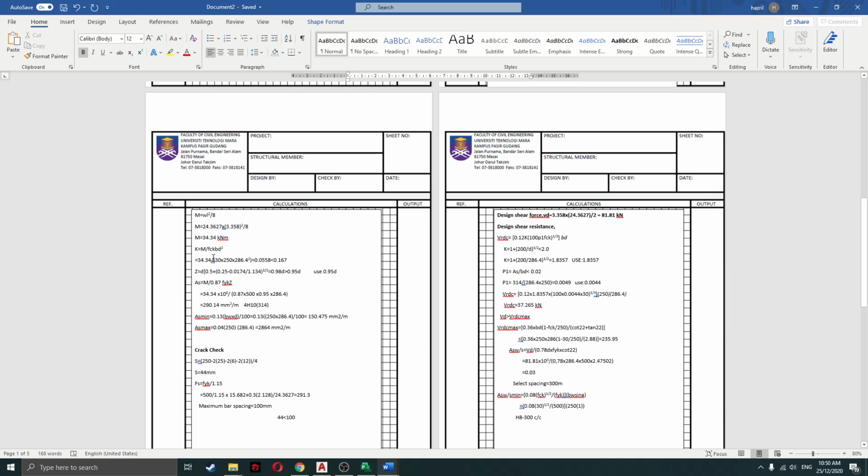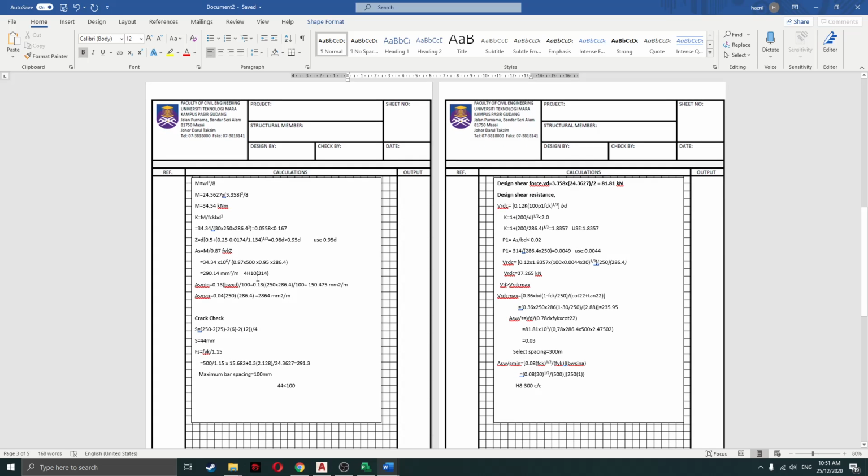For K, I get 0.0558, lesser than 0.167. And then I find Z, but my Z is over 0.95D, so I use 0.95D. AS required, I get 290.14.